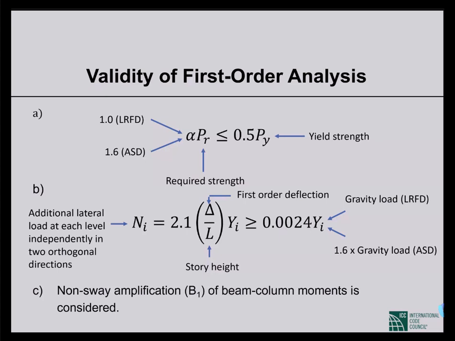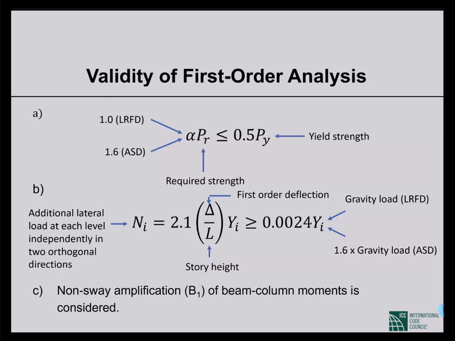Then from the story drift, delta by L, drift ratio, we multiply the gravity load with this story drift ratio and 2.1, so about twice the story drift ratio, and the amount of load we calculate, we have to apply again at each story level. This is an indirect way of considering some of the second order effects. And at least we have to apply 0.0024 of gravity load at that level.